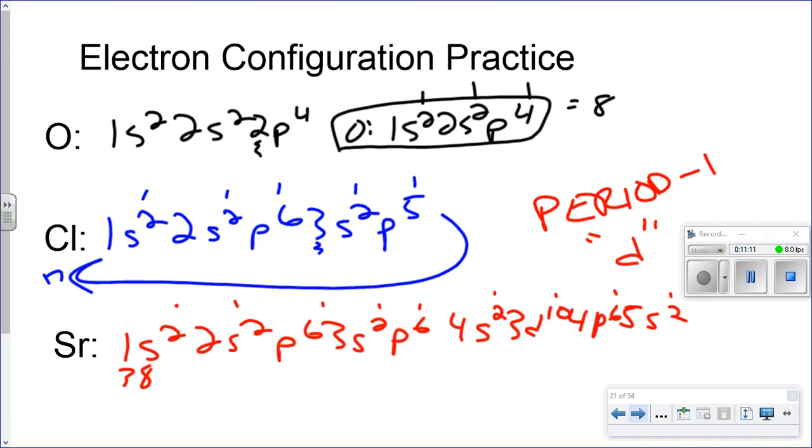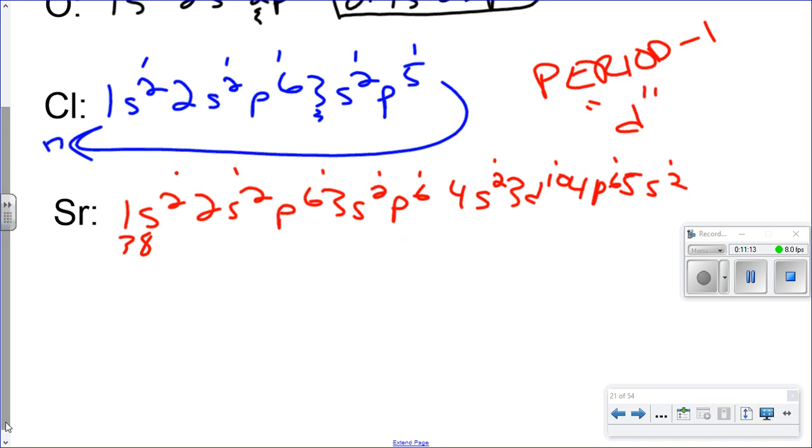Okay, let's try one. I will write the answer, and you guys just check your work. So pause when you need to. All right, let's go to cobalt. If you want to pause, go ahead, because I'm going to write this out.